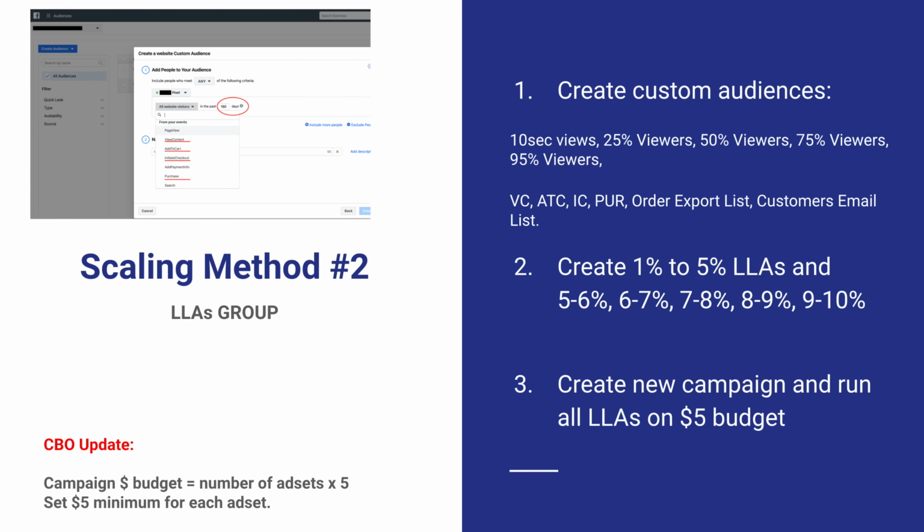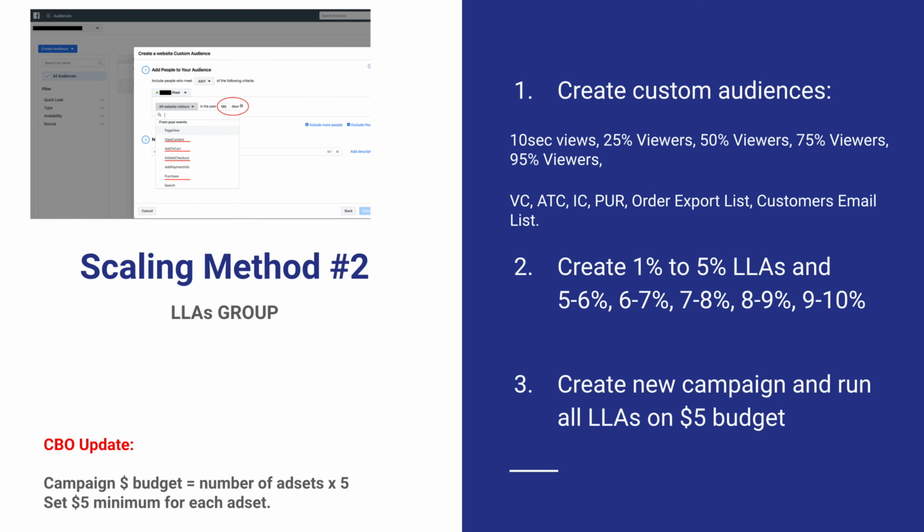Then we'll create 5 to 6%, 6 to 7%, 7 to 8%, 8 to 9% and 9 to 10% lookalike audiences. So we pick each custom audience that we have, and we create this group of lookalike audiences.